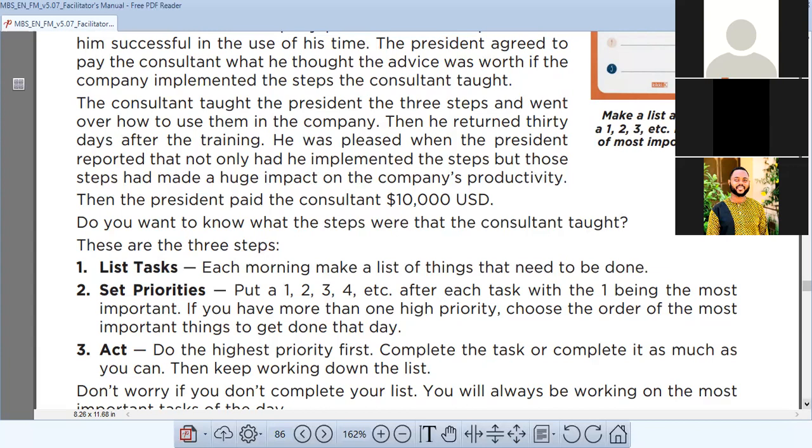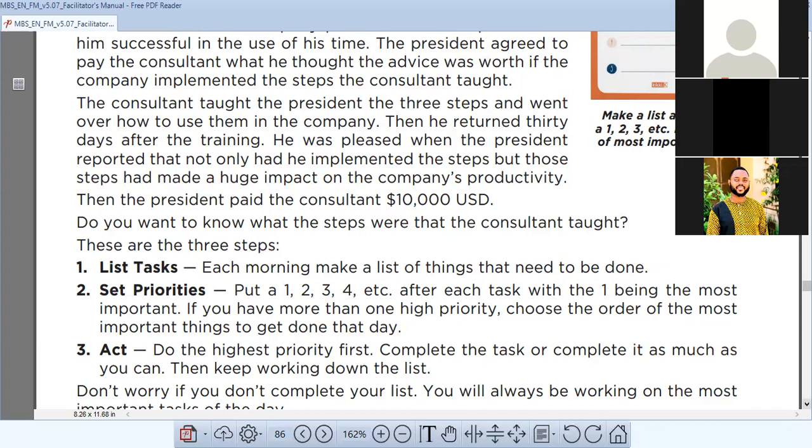Okay. When you list them down, then you need to set priorities. You need to set which one is more important, which one is the next most important. So you put the most important on number 1, the second most important on number 2, the next most important on number 3, and you go on like that.